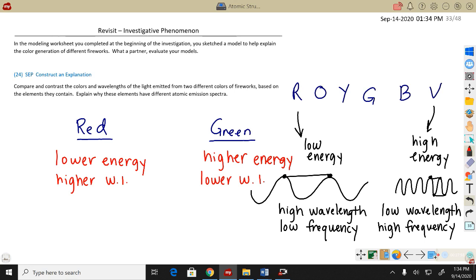Now this is really getting you thinking about fireworks, right? And the different colors of light, and maybe the fact that they're coming from different elements, and it might have something to do with the energy emitted from the fireworks that's exciting the electrons in those atoms, and maybe that's giving us the different frequencies, wavelengths, and energy levels of color. Oh, this is getting so good.